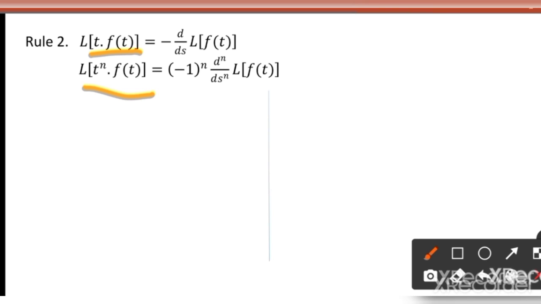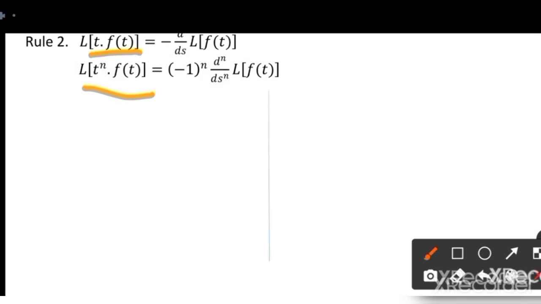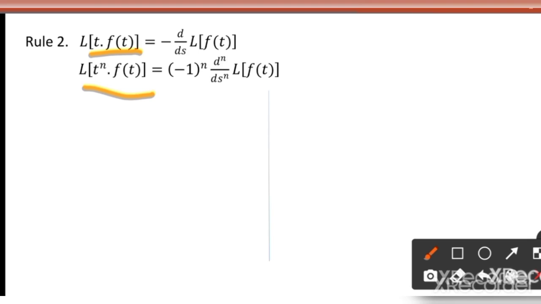The result says you have to first get the Laplace transform of the associated function. So what is the associated function here? It is f of t. Get the Laplace transform of f of t, that is anyhow F of s, a function of s, and differentiate it once, depending on the t power 1.